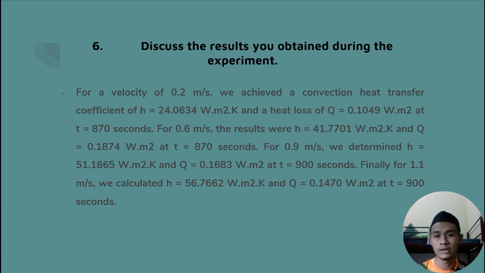For 0.9 meter per second, we determined H equal to 51 and Q equal to 0.1683 at T equal to 900 seconds. And finally, for 1.1 meter per second, we got H equal to 56.76 and Q equal to 0.147 at T equal to 900 seconds.